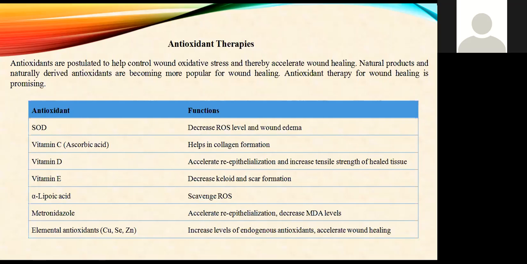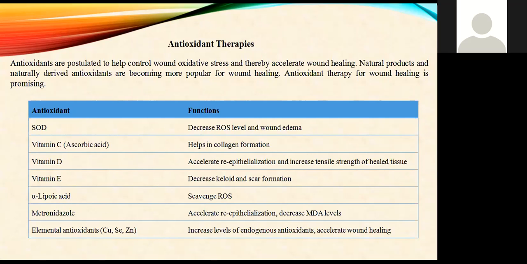SOD, superoxide dismutase, decreases the ROS level and wound edema. Vitamin C helps in collagen formation. Vitamin D accelerates reepithelialization and increases the tensile strength of the healed tissue. Vitamin E decreases keloid or scar formation, meaning it helps in the remodeling phase of wound healing.